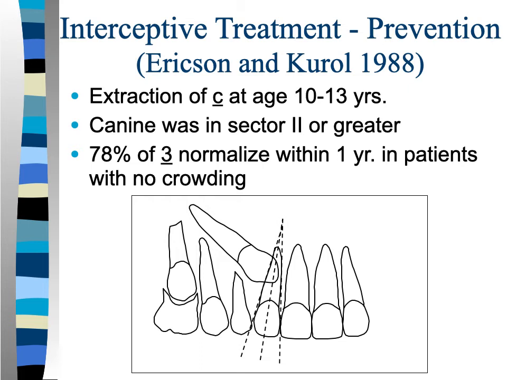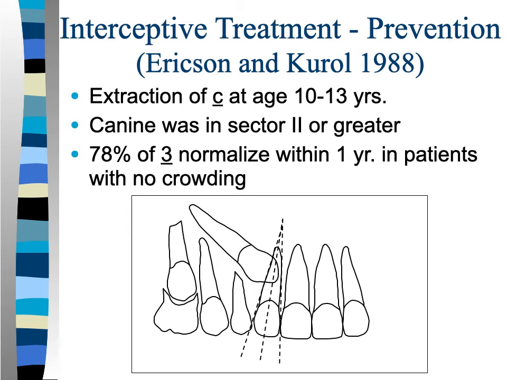Erickson Kurol found that if the canine was in sector 2 or more, 78% of the canines will normalize within 1 year if the patient has no crowding. So if you have a patient that comes to you and you can't palpate your canine, you take an x-ray, you find that the canine is in sector 2 or more, 2, 3, or 4, and there's no crowding, like the case we saw earlier.